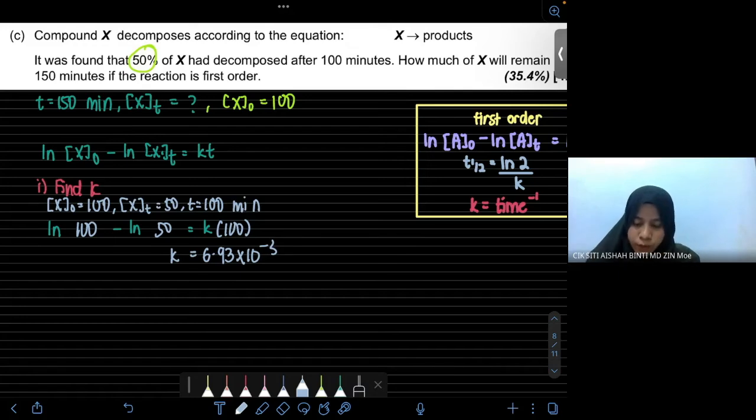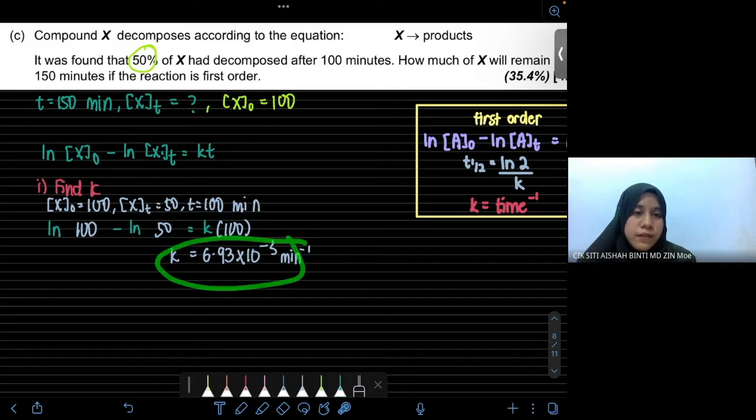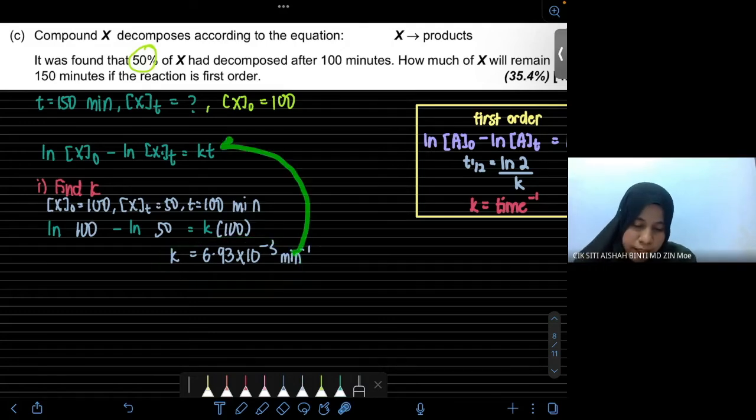But don't forget the unit. Remember, the unit for first order is per time. In this case, our time given is minutes, so it becomes per minute. So when we find out our k, then we can find this one: when time is 150, what is the concentration?